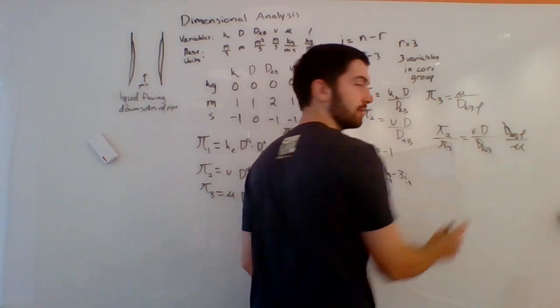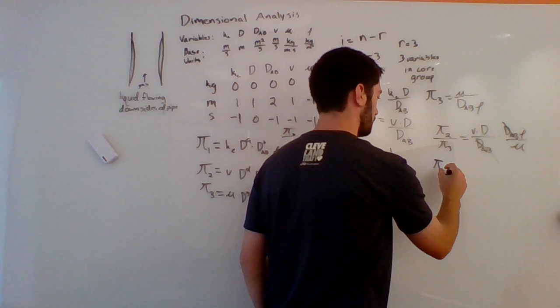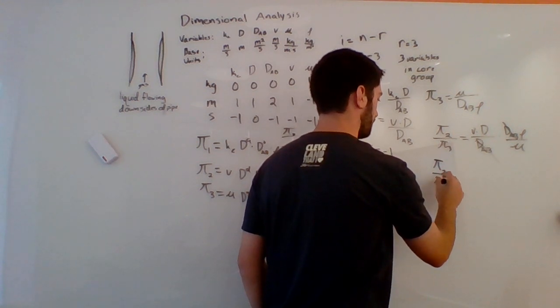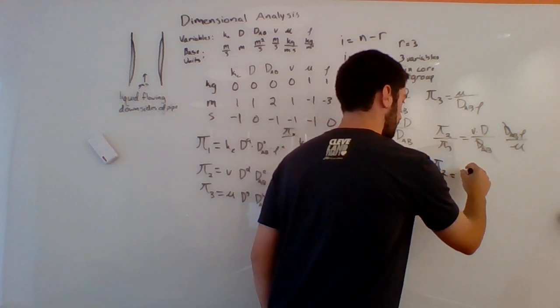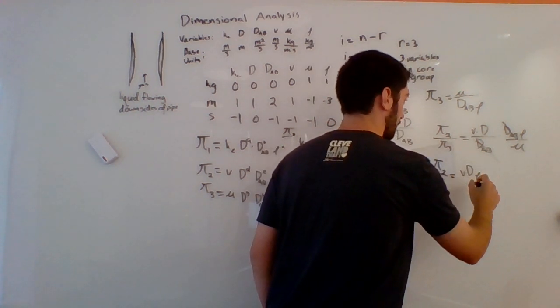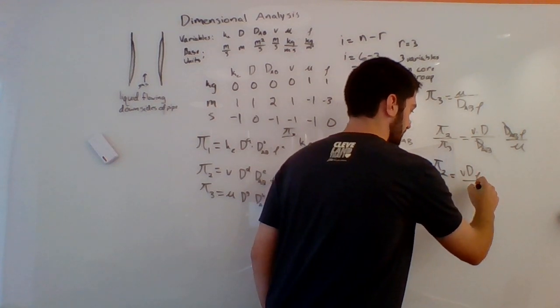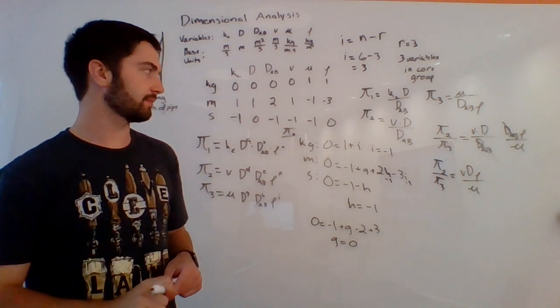So that cancels. And then we're left with pi 2 over pi 3 equal to velocity times pipe diameter times density over viscosity.